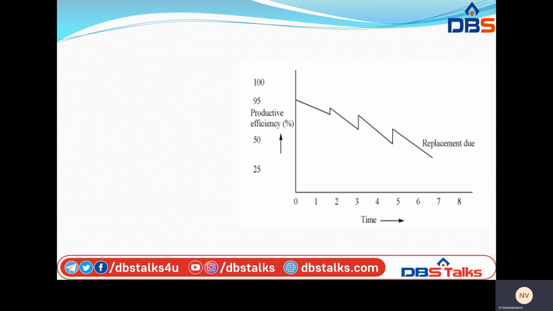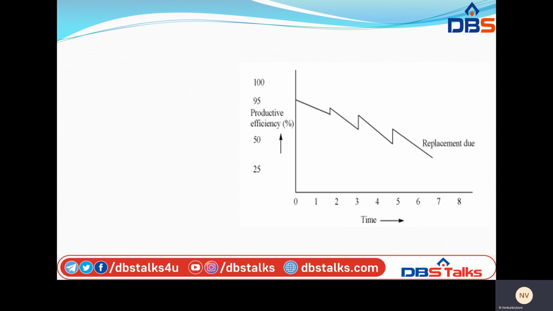Let us consider a graph that shows how the replacement takes place. On the x-axis we take the time or age factor, and the vertical axis is productive efficiency. Whenever we purchase an item, at the initial stage the product is of high efficiency.